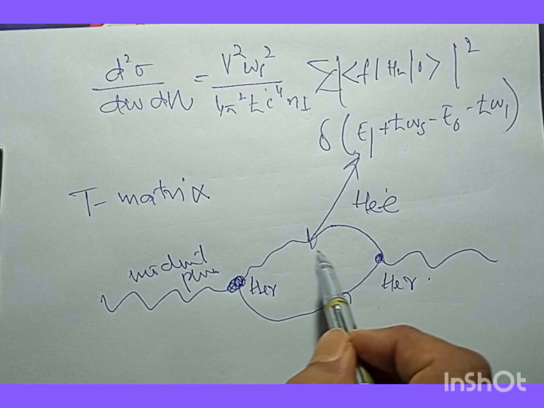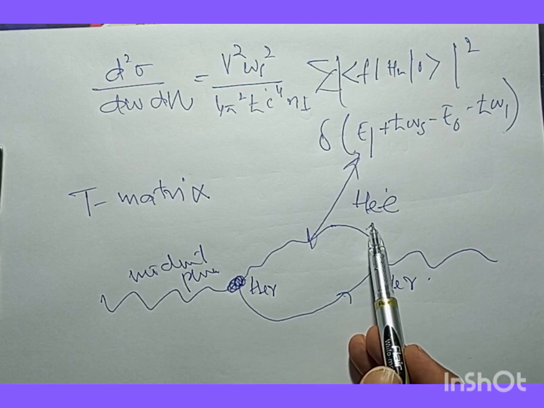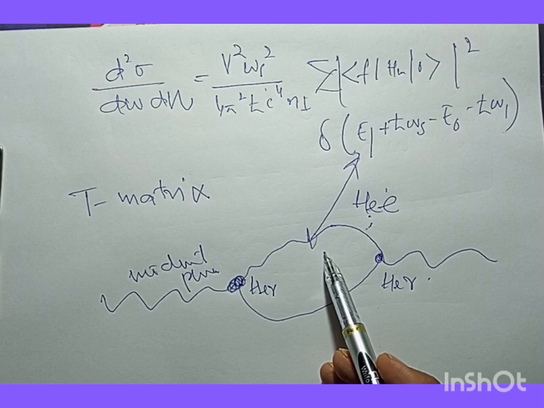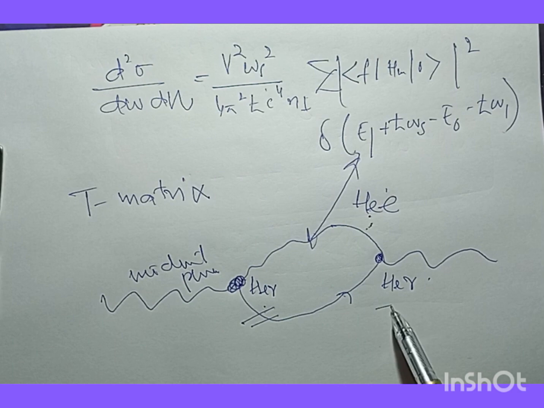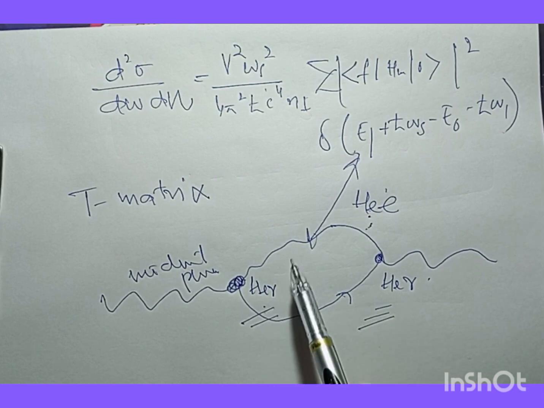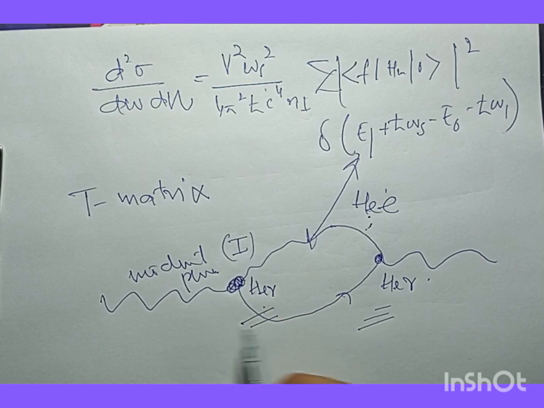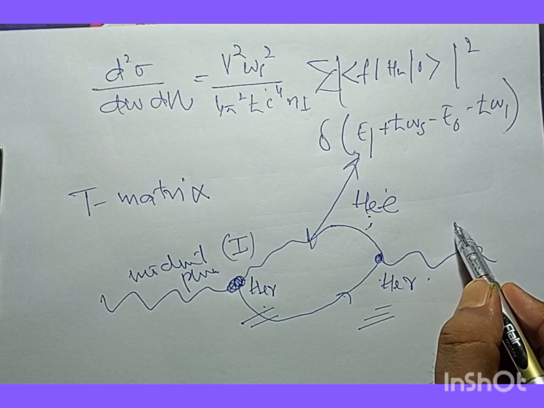Talking about this diagram, this H_EE is the Hamiltonian for the interaction of the electron or hole with some elementary excitations. This H_ER is for the incident and scattered photons respectively. So this is H_ER for some incident state, say I, and this is H_ER for some scattered state, and that is S.